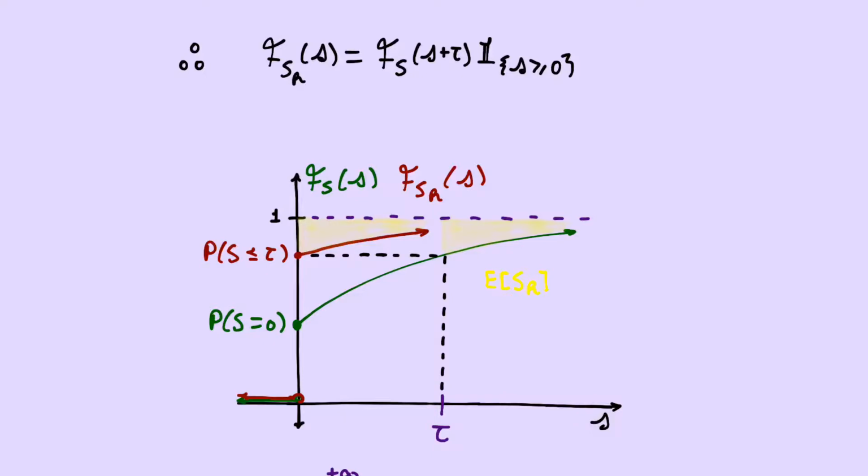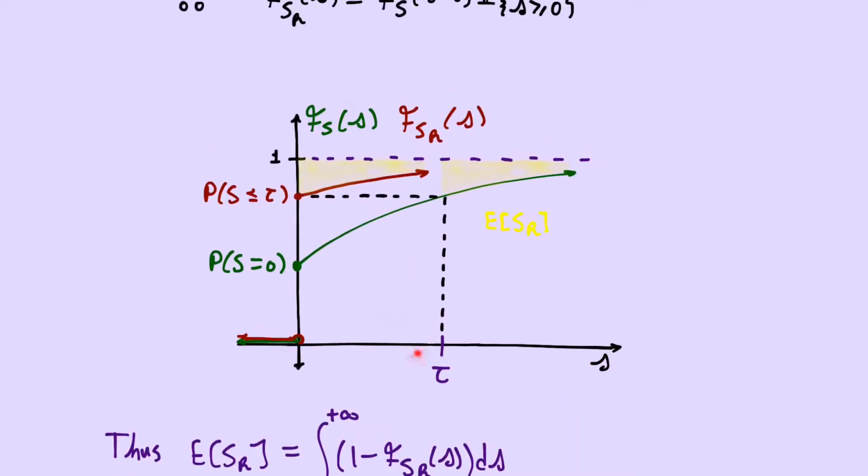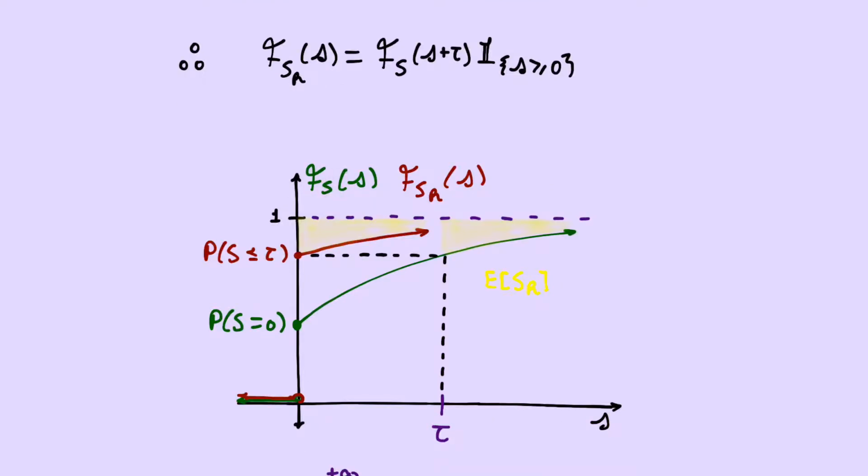And that makes a lot of sense, because if you just subtract this constant tau, the random behavior of this random variable has to be the same, just relocated. The values that this new random variable will take would be different, but the behavior will be the same. And of course, if we consider the other case, when the original random variable S is less than tau, in that case the reinsurance company will have to pay nothing.